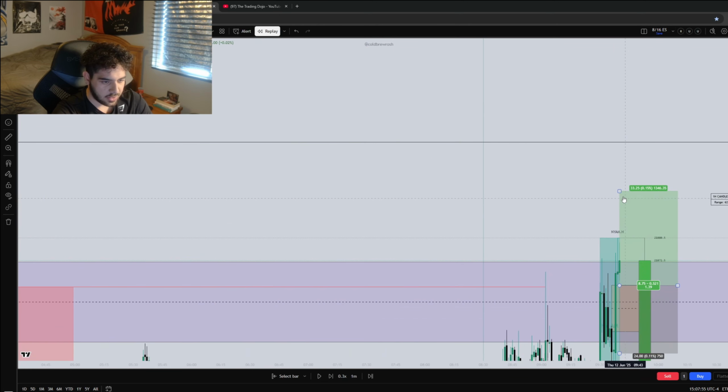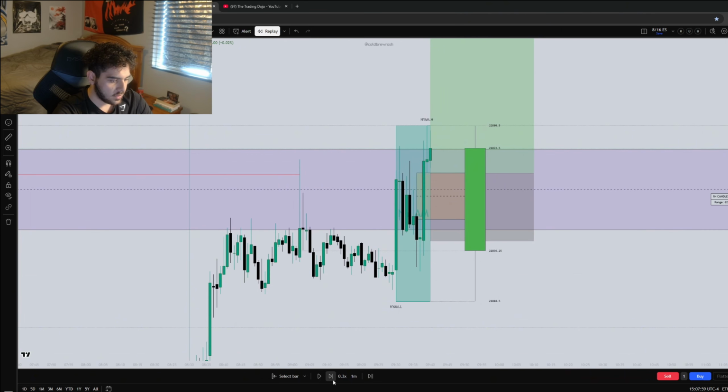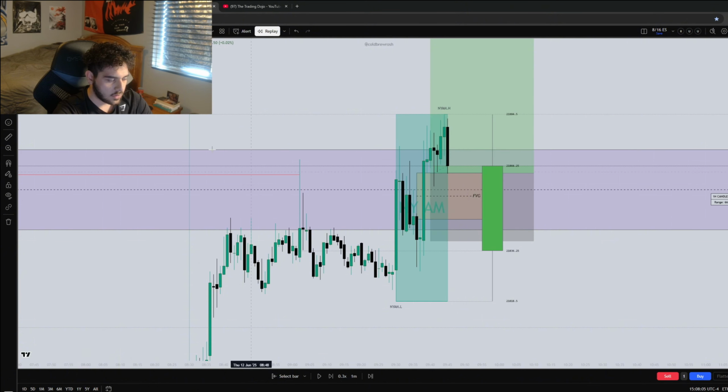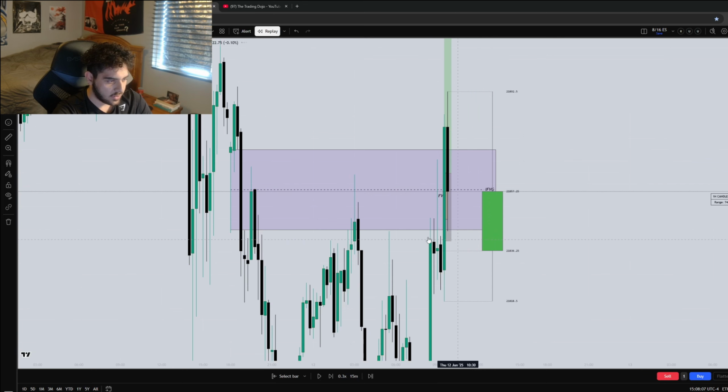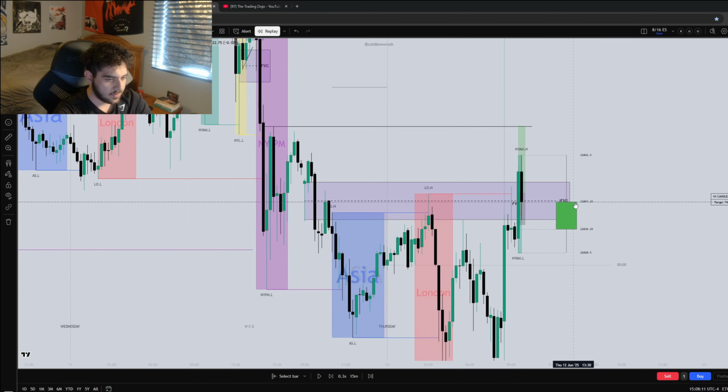I'm aiming for about a 1 to 2. So there's our entry. And then we actually invert this fair value gap right here, this 15-minute. So I add extra size in here. However, price just came back to actually stop me out, break even, and that's okay.